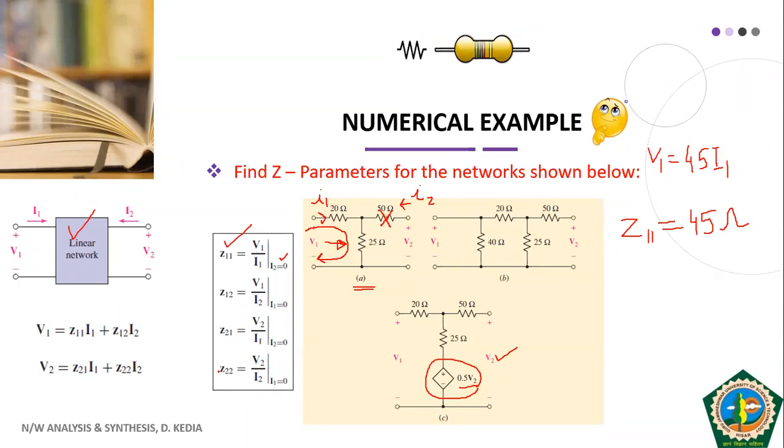As I told you yesterday, we will first obtain Z22, because it is easier to find Z11 and Z22, similarly Y11 and Y22, at least personally I feel so. So Z22 will be V2 upon I2 with I1 equal to 0. I1 being 0 means there will be no drop across the 20 ohm, or this input part is open circuit.